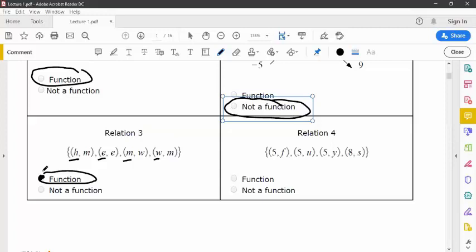In the next example, we notice the domain value 5 repeats. And when it repeats, it's with a different range value, f, then u, than y. Since the domain value repeats with a different range or y value, this would not be a function.